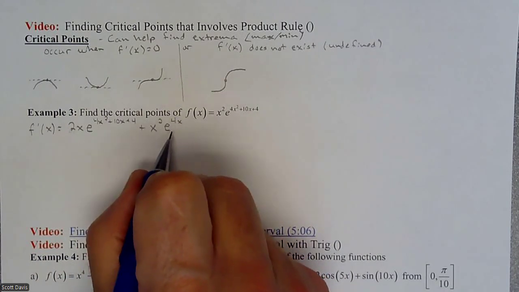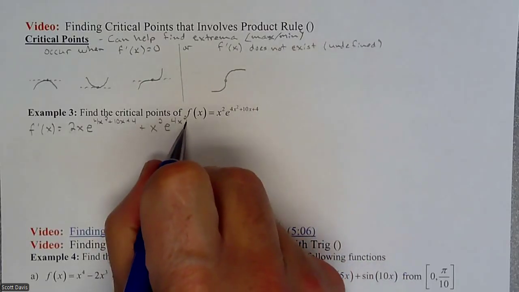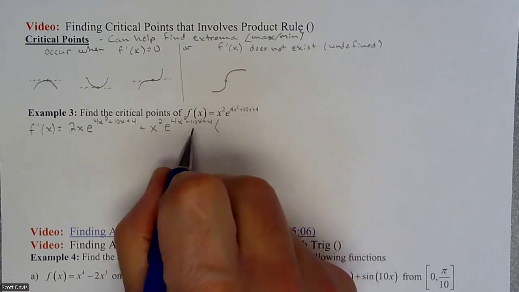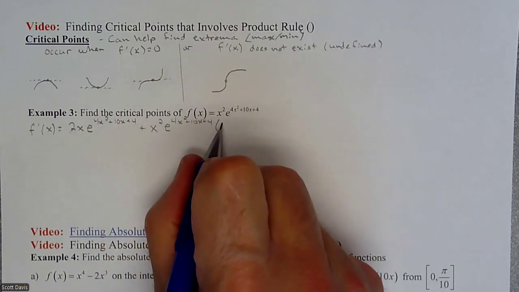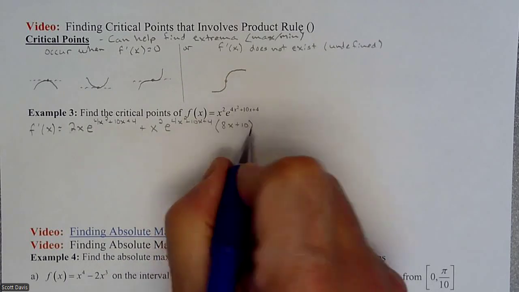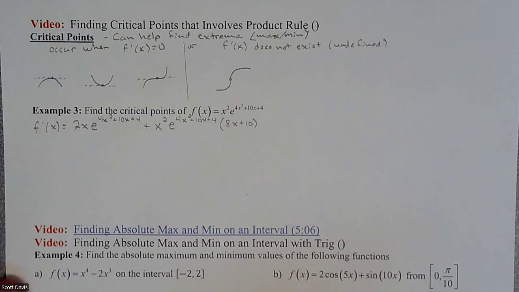The derivative of our second is itself, because it's an exponential, times the derivative of the exponent. So 8x plus 10. All right, so now the algebra kicks in. We've got to take that and set it equal to 0 and see if we can figure out the factors to it.